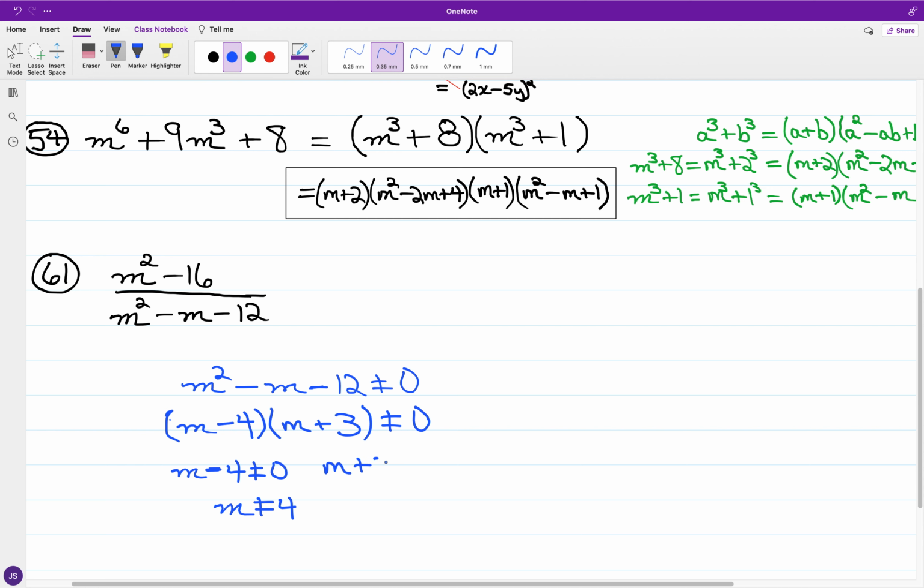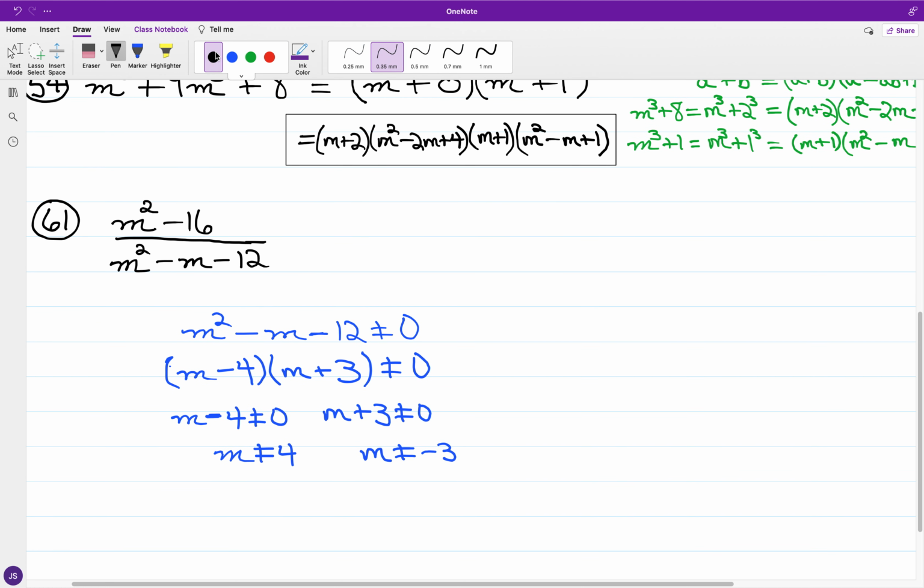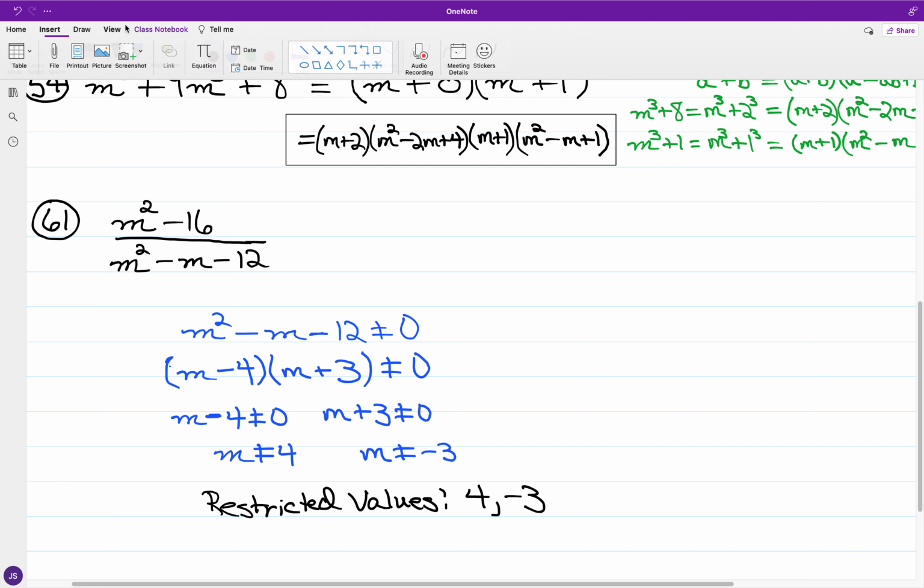And for m plus 3, if this cannot be 0, we have that m cannot be negative 3. And so for the restricted values, we have 4 and negative 3.